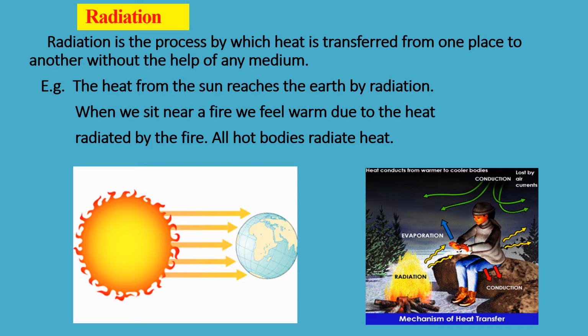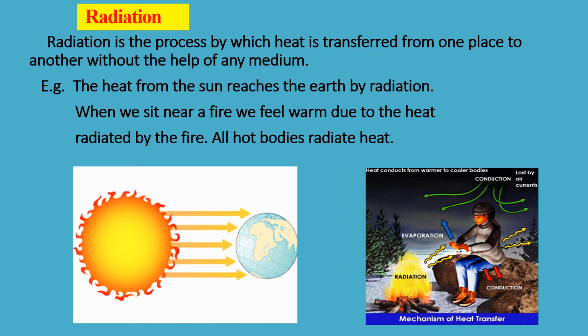So if the radiation is able to reach the atmosphere of the earth, it has to travel kilometers and kilometers of empty space. So there is a transfer taking place through this empty space, and that is called radiation. When we sit near a fire, we feel the warmth due to heat radiated by the fire.